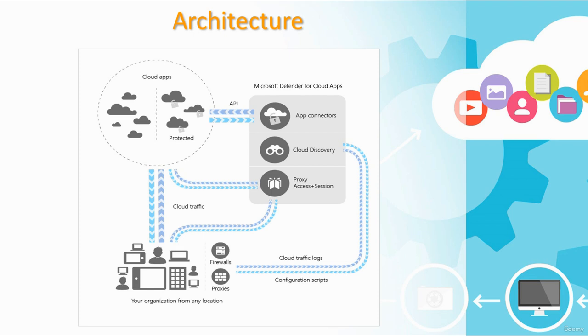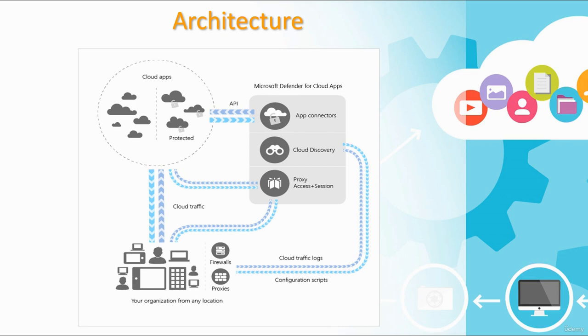All right, and so these devices, whether they are going on premise through the firewalls or proxies, or whether somebody takes them off premise and they're not going through your on-premise firewalls and proxies, those devices can also send cloud app data into Defender for Cloud Apps as well. Either way, Defender for Cloud Apps can be in the loop on what people are doing.